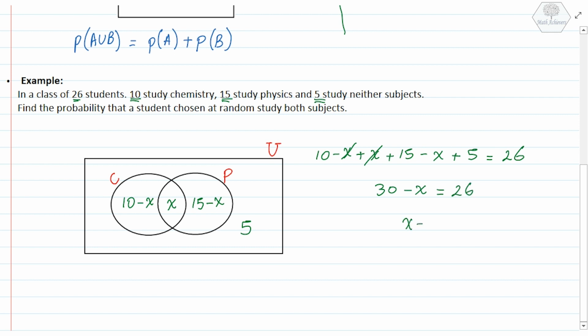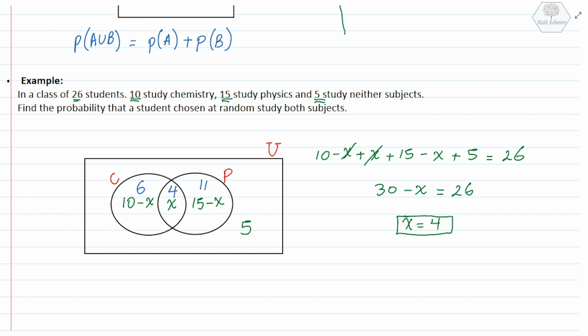So the value of X is equal to 4. Now, since I know X is equal to 4, I can substitute in my fields. This value is 4. So this value will be 6. And this value, 15 minus 4, would be 11.